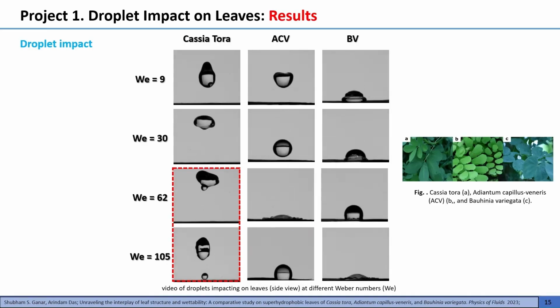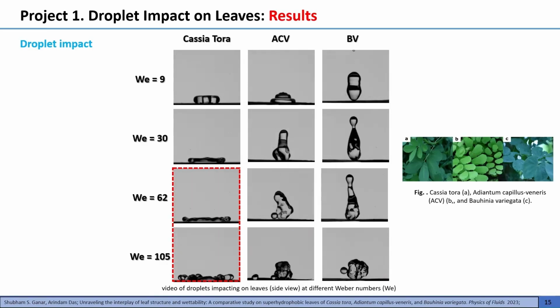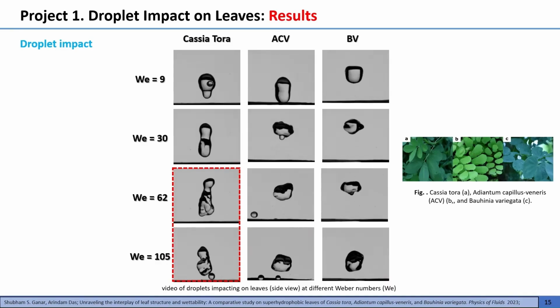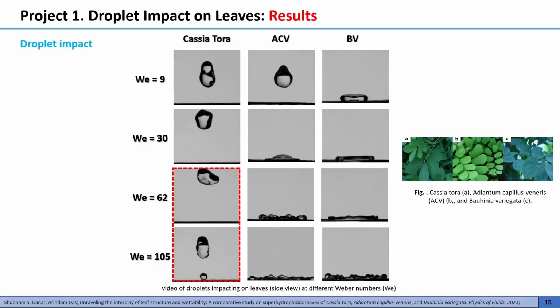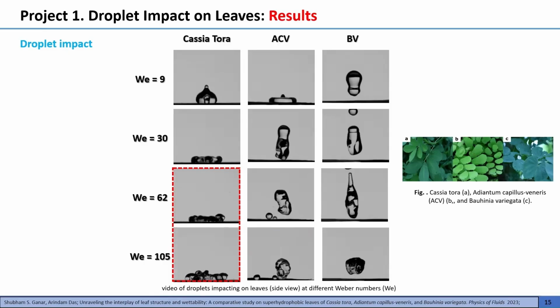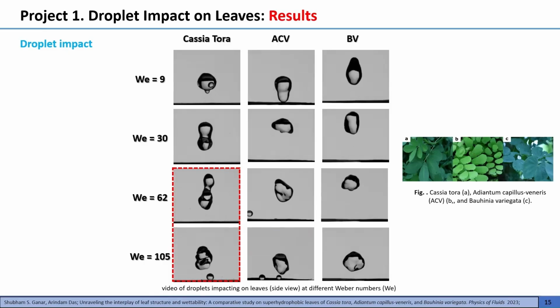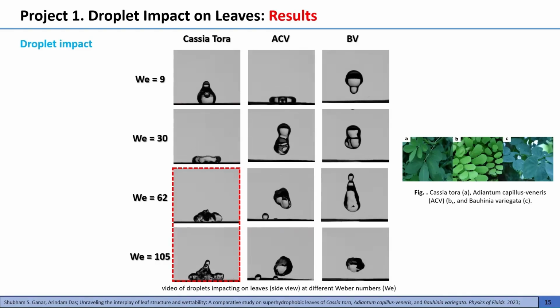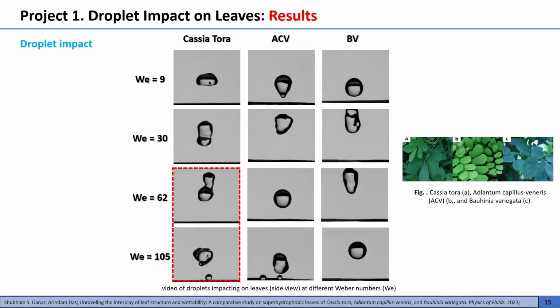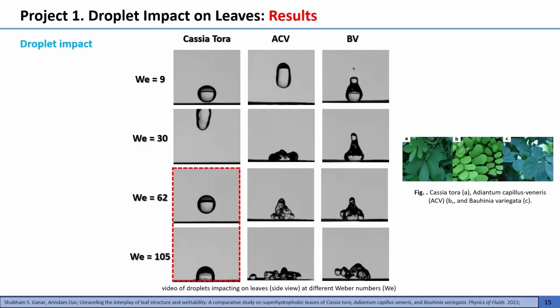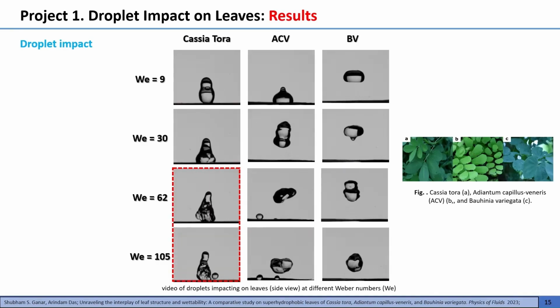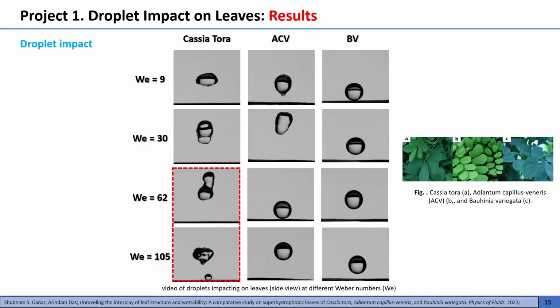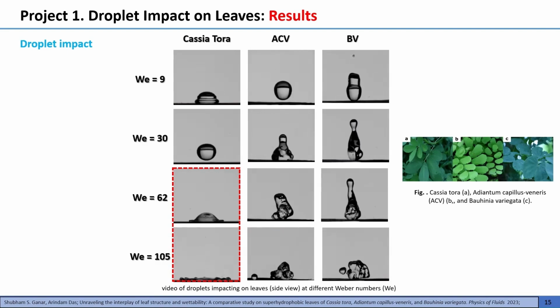This is because, due to the secondary droplet formation, energy gets used, and this results in a lower rebound height. Also, we did the droplet diameter spreading analysis, in which we observed that the spreading and receding of the Cassiodora was less when compared with all the leaves.